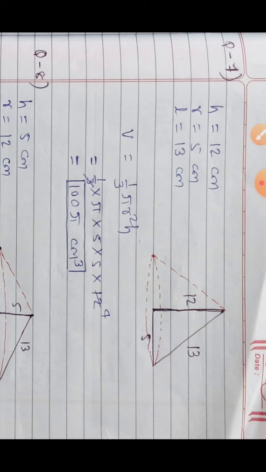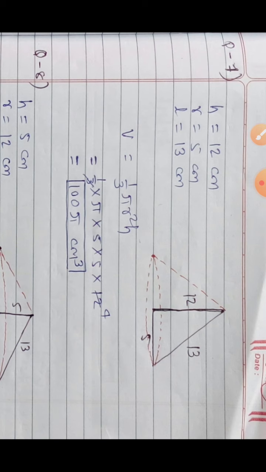So first understand the question, then nothing is new. It is very simple. Why R becomes 5 and H becomes 12 is important here. So you have to draw your figure this way, then only you can understand.